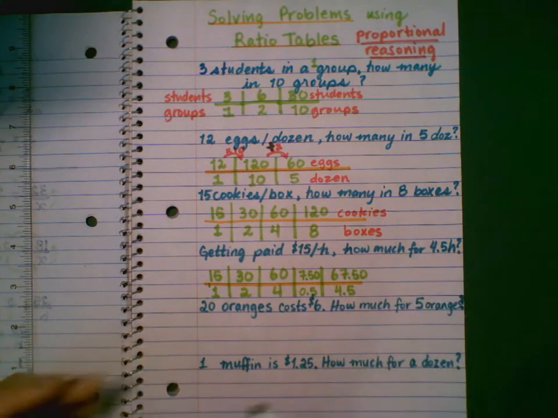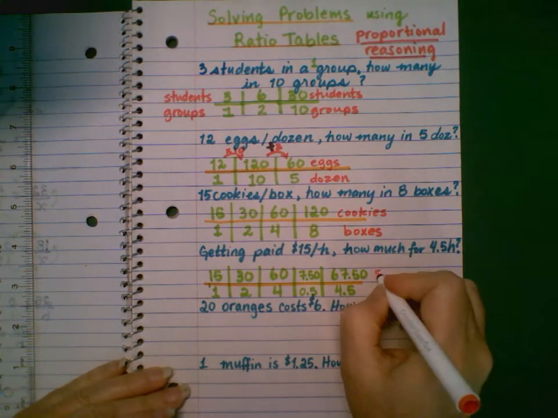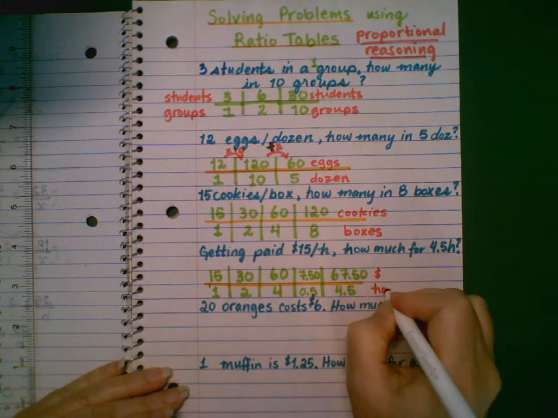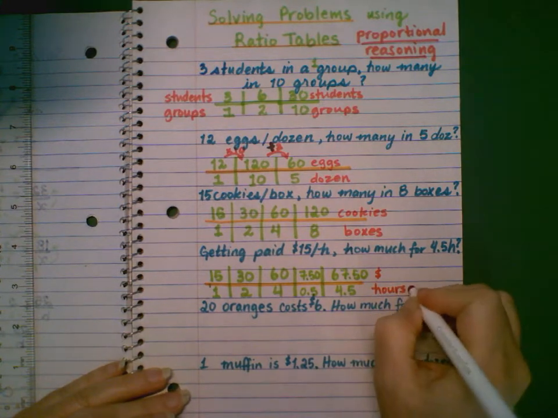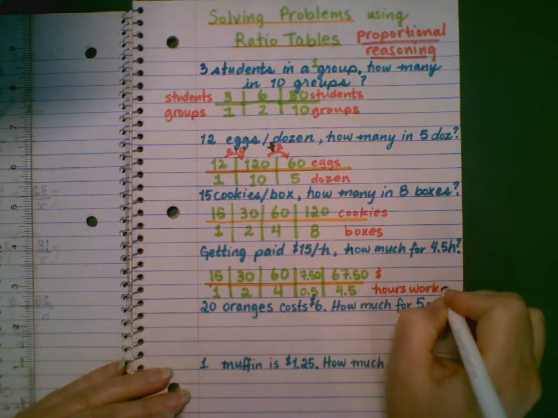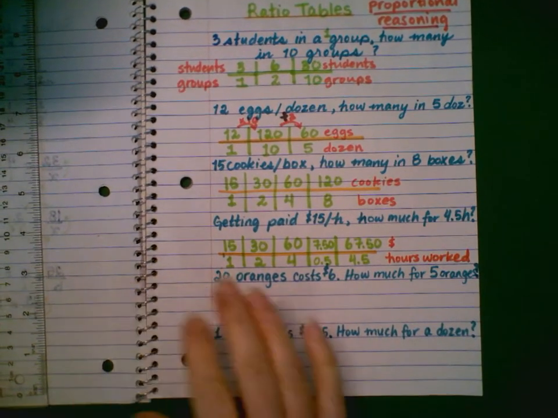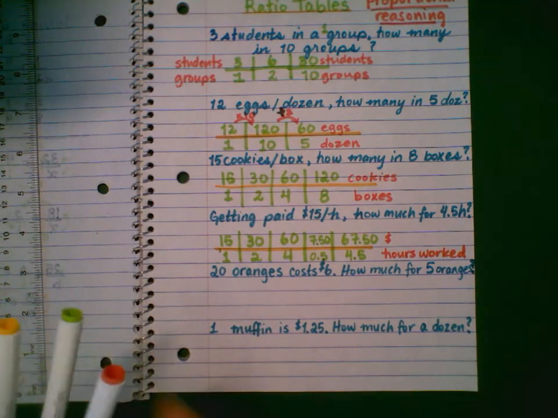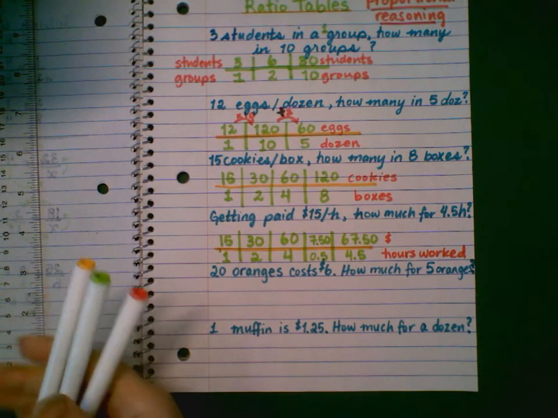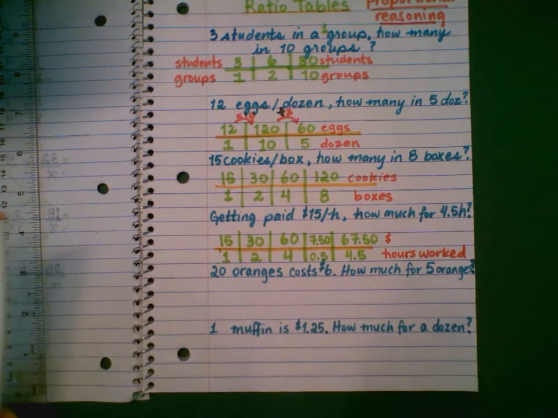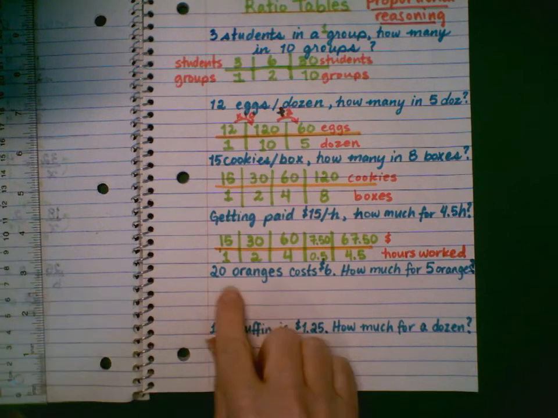That's $67.50. This is dollars, and this is hours of work. So it's a neat way to organize your work and to see the steps of the process. And it avoids having rough, scribbly calculations all over the page.